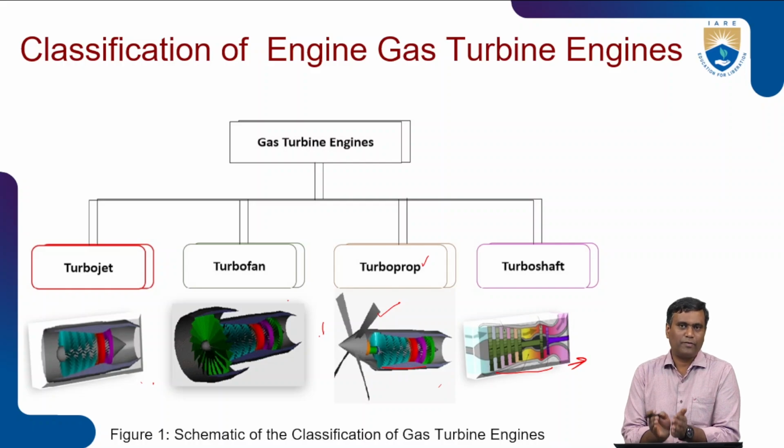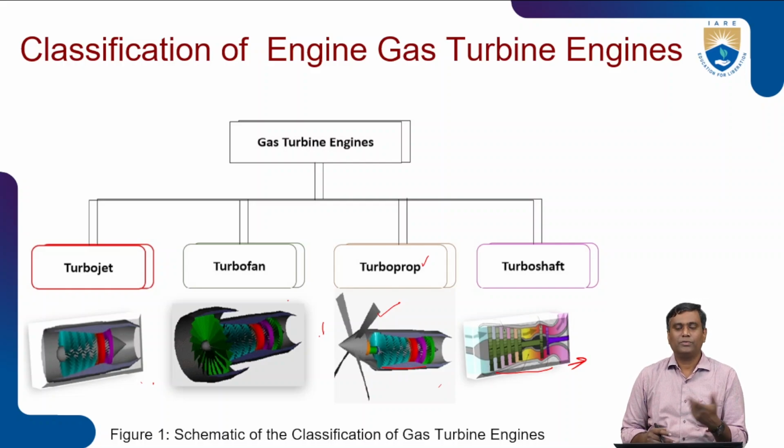In turboshaft, shaft power is used to rotate the rotor blades. So turboshaft is the power plant used for rotor crafts, that is, helicopter applications. Both engines can be used for low altitude, low speed applications.